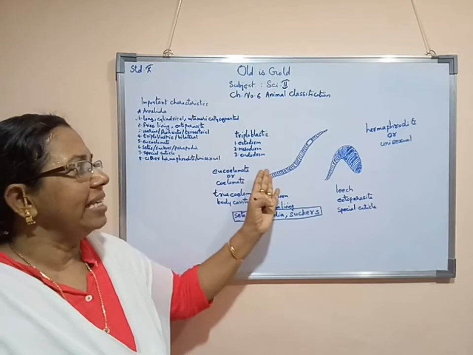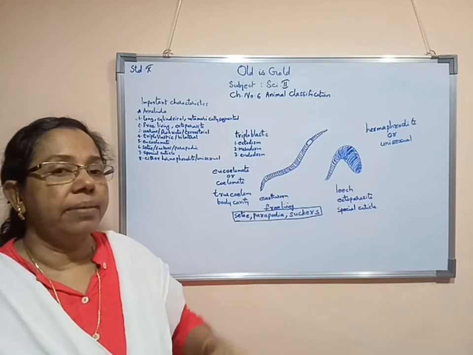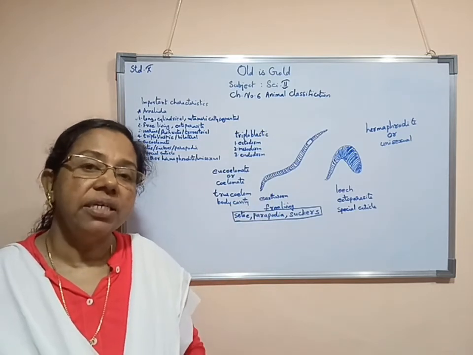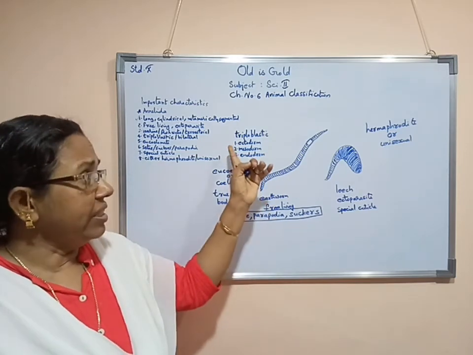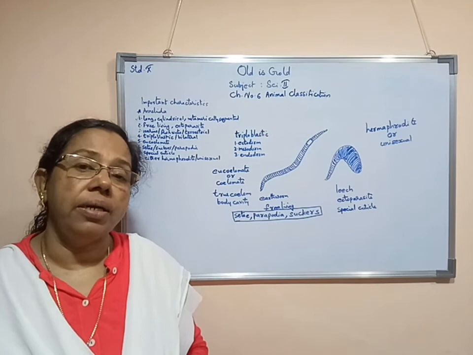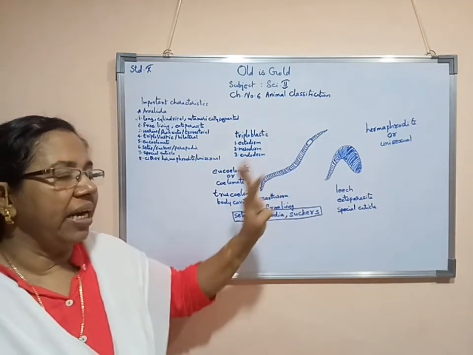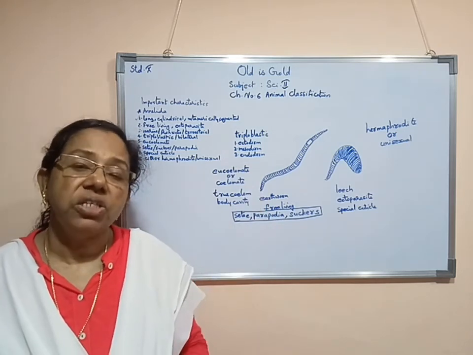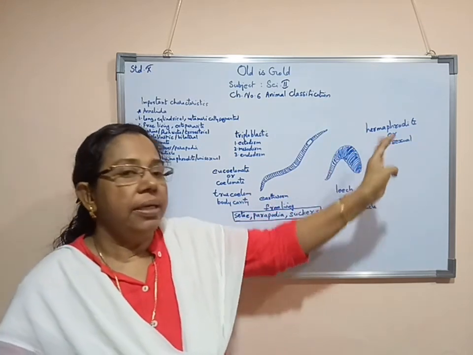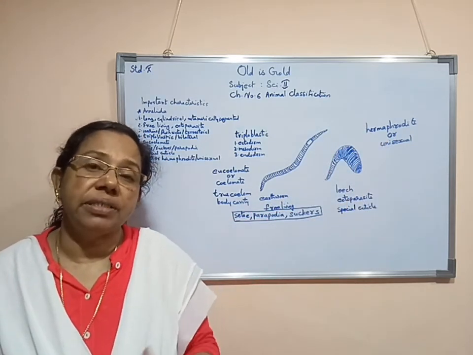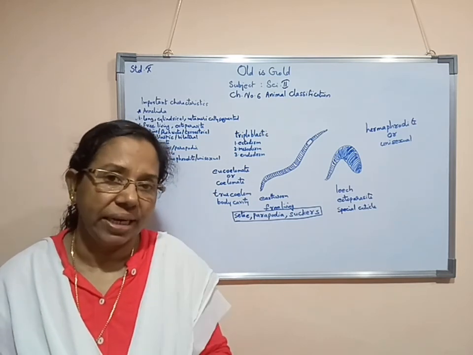Other thing, their body has 3 layers of cells. So we call them triploblastic. Their body wall consists of 3 layers of cells. First layer is known as ectoderm, second one mesoderm, third one endoderm. Inside their body they have a true body cavity, so we call them eucoelomate. In some organisms, male as well as female reproductive systems are present in one organism.